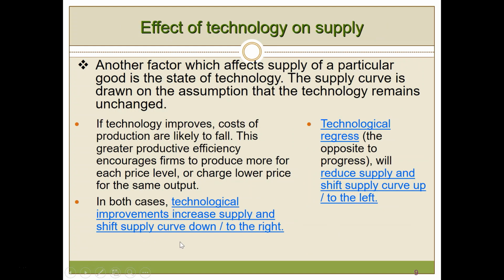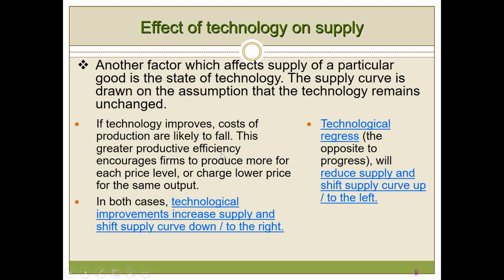Next, effect of technology on supply. As I mentioned previously, you can try to translate or convert any factor which is affecting your supply onto effect on costs. So generally, if technology improves, it implies that costs of production are likely to fall. We will be able to produce the same amount of items quicker or cheaper or better or with less resources, with less staff or maybe smaller amount of raw materials.